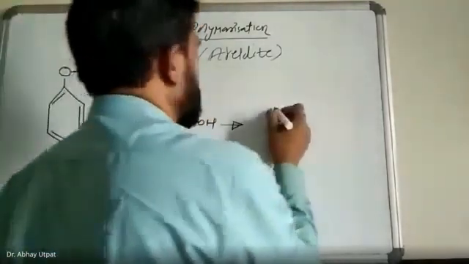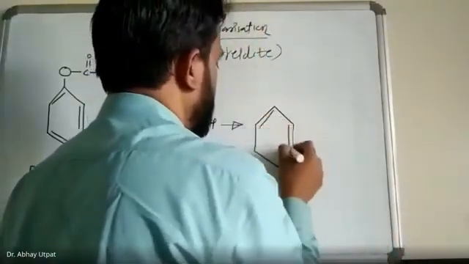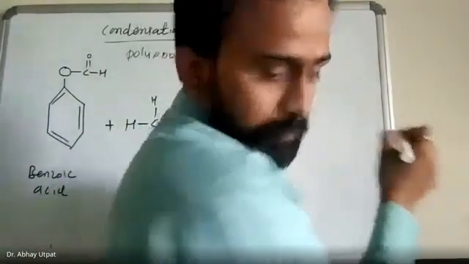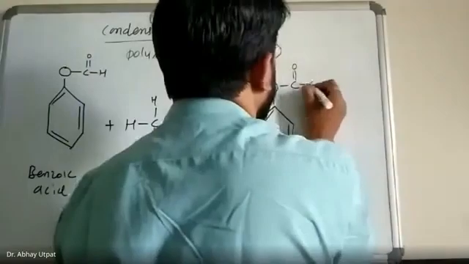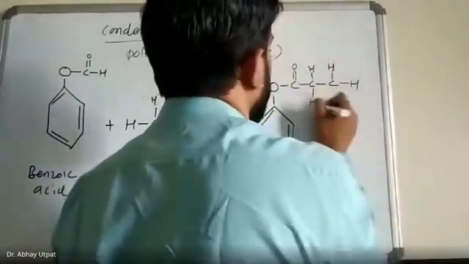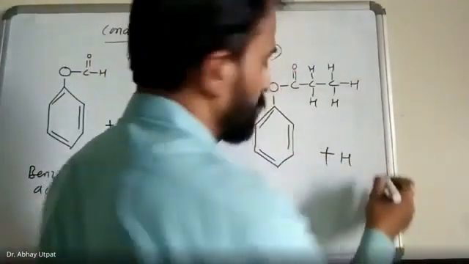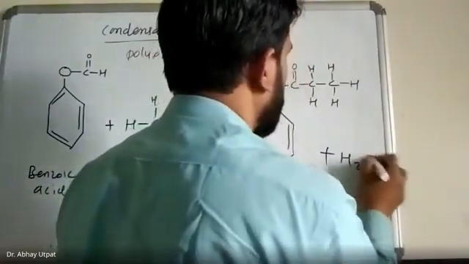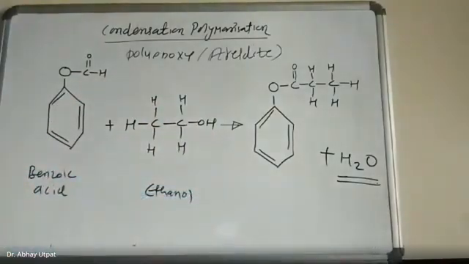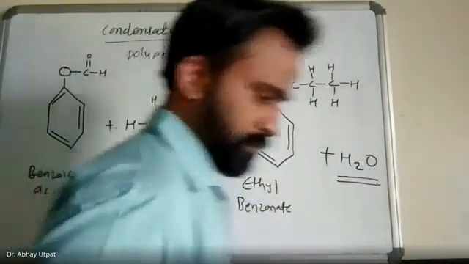See the reaction now. One OH from here and one H from here gives H2O. Ethyl benzoate.